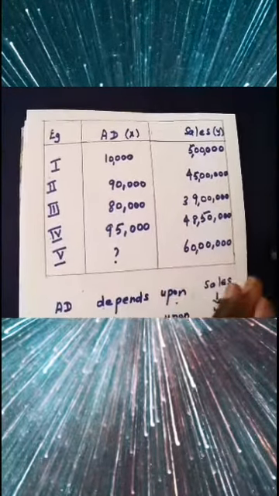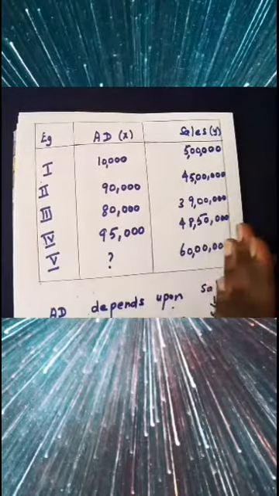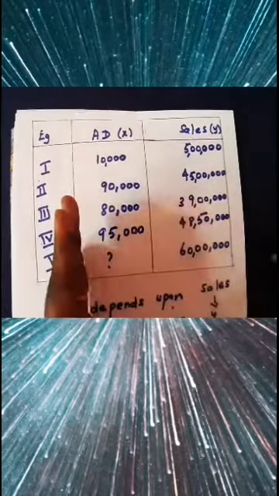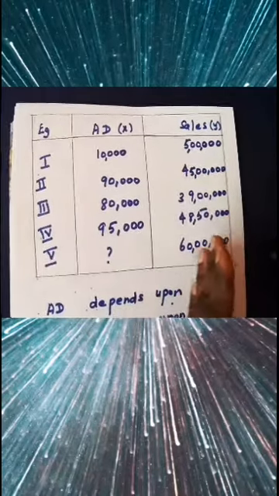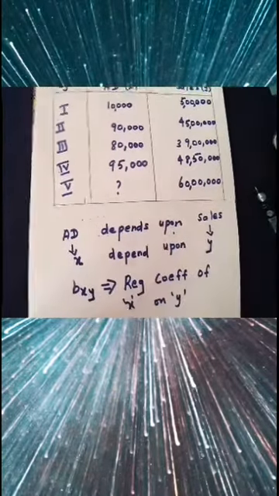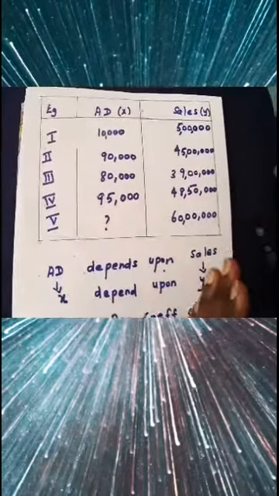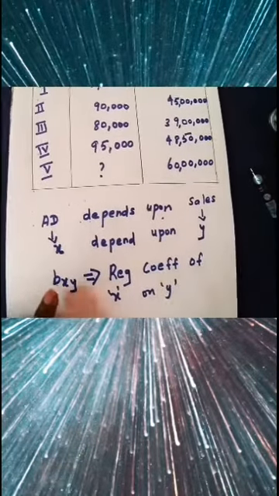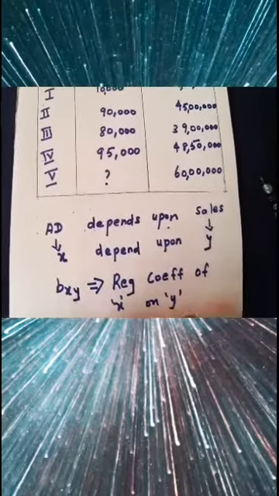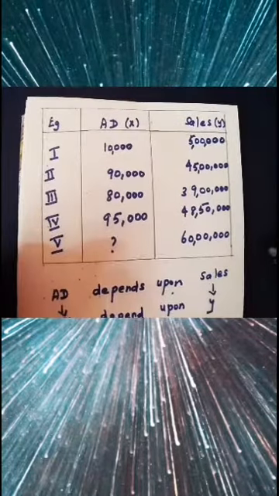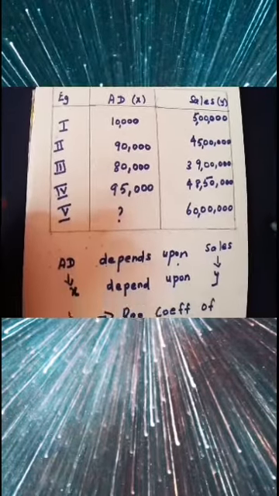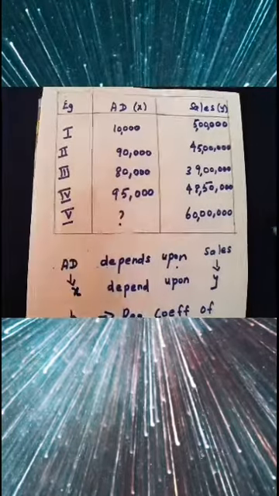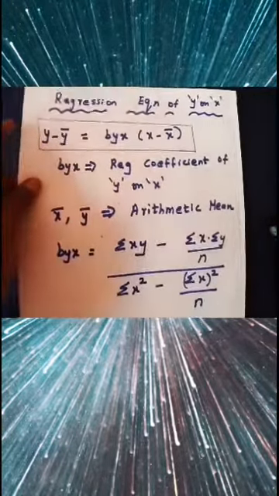So here the advertisement is dependent on sale, that is x is dependent on y variable. Advertisement is depending upon the sales. I can write this as bxy, regression coefficient of x on y. Correct, students?